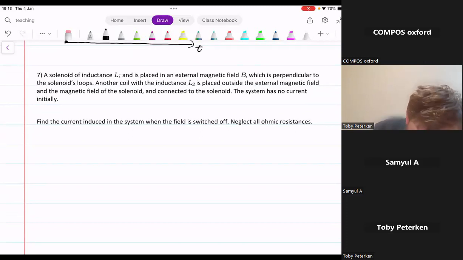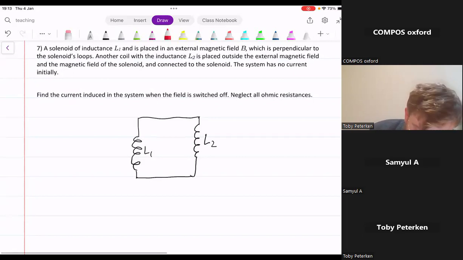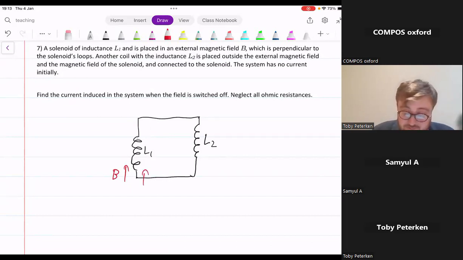If I draw it, maybe I'll draw a better spiral for you. That's not better. So we have one inductor, this is L1. This is L2. And the first inductor is placed in an external magnetic field, but the second one isn't.